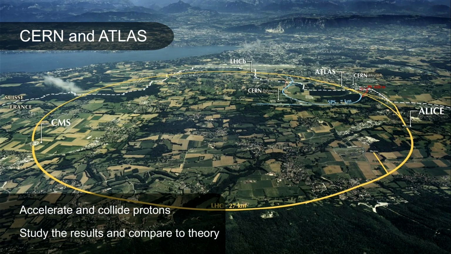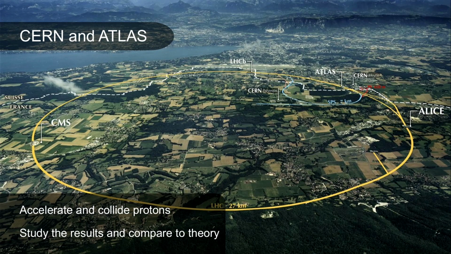CERN is a large accelerator complex on the border of Switzerland and Germany. It's the largest particle collider that we have at the moment, with a circumference of 27 kilometers, about 100 meters underground.